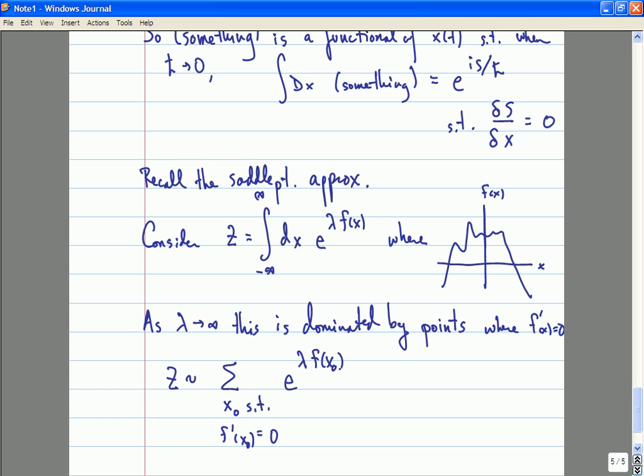So this is hopefully reasonably clear. Is that reasonably clear? All I'm saying is that a good approximation to an integral is to find the places where the integrand is maximized. That's it. That's all this says. Okay. And to compute the value of the integrand at the place where it's maximized. And then, by taking lambda to be very large, I'm looking at the approximation where it's really only these local maxima that are giving the dominant contribution.